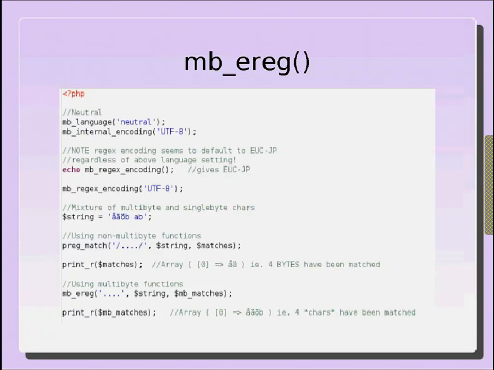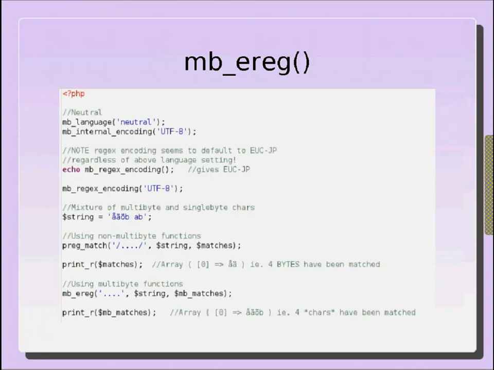preg_match is the normal PHP function for regular expression matching. This little pattern here with the 4 dots, the slashes on either side are just to delimit the pattern. The 4 dots here are supposed to match 4 characters. 1 dot is 1 character.